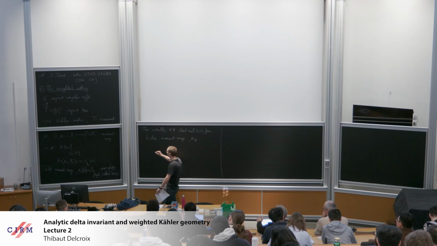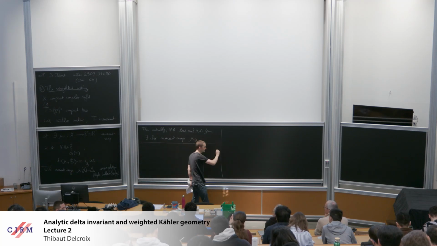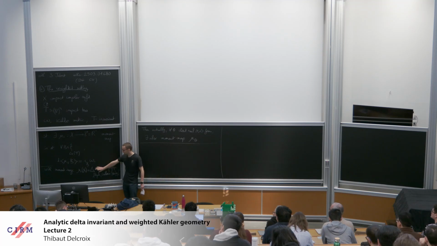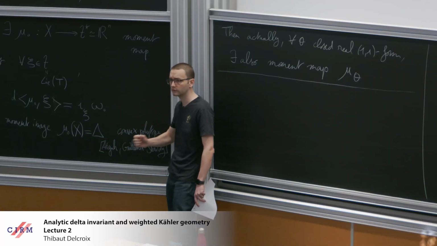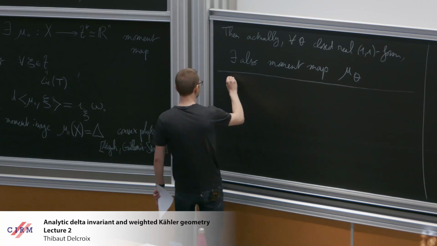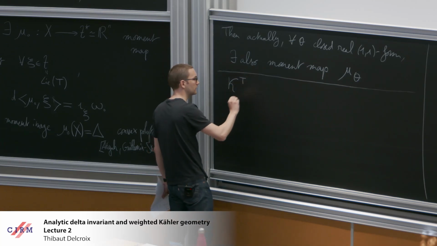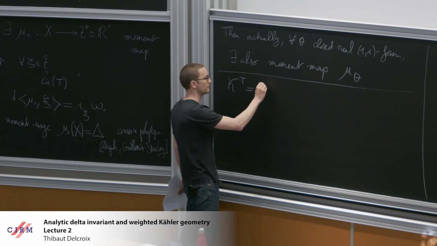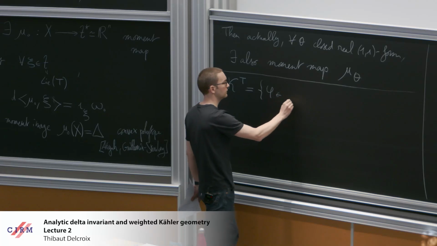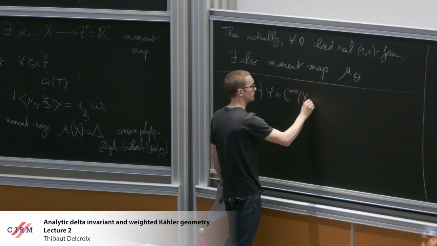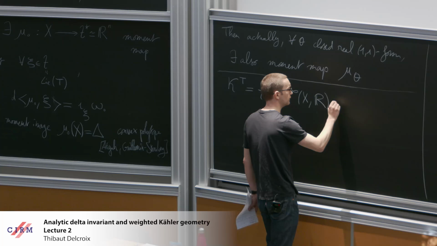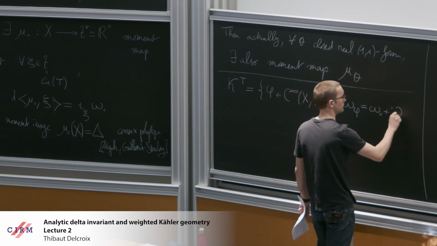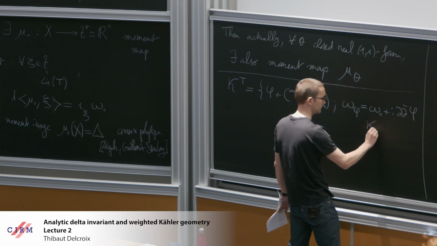And another comment, and that's what really is important, is that this convex polytope essentially depends only on the Kähler class. So I'll consider now K as yesterday's space of Kähler potentials. So this is a space of smooth functions such that this is a Kähler form.